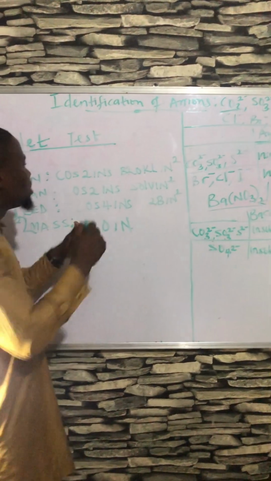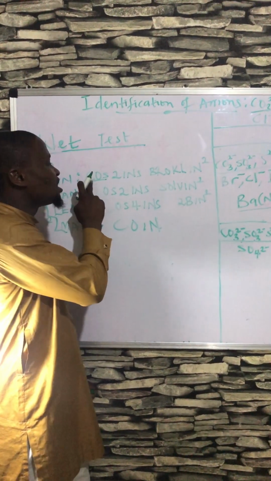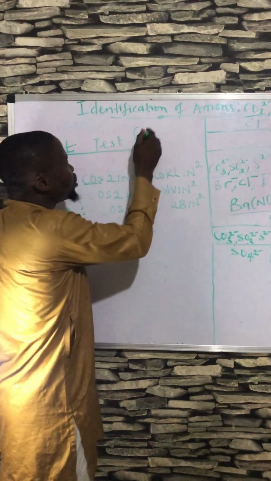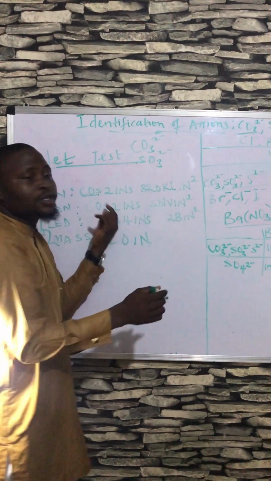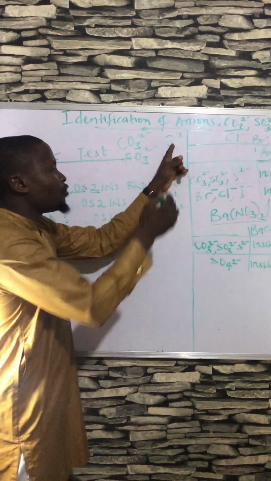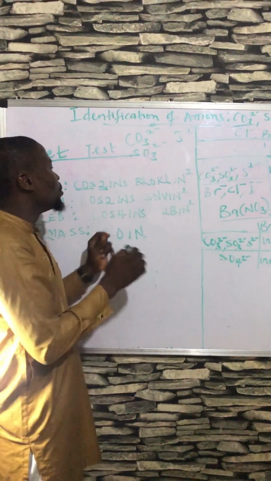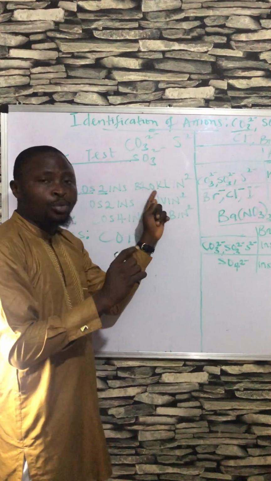Before we proceed, whenever you see COS, know that it is denoting CO3 2 minus and SO3 2 minus. Whenever you see these two, note that it is denoting sulfide 2 ion. Br denotes bromine.